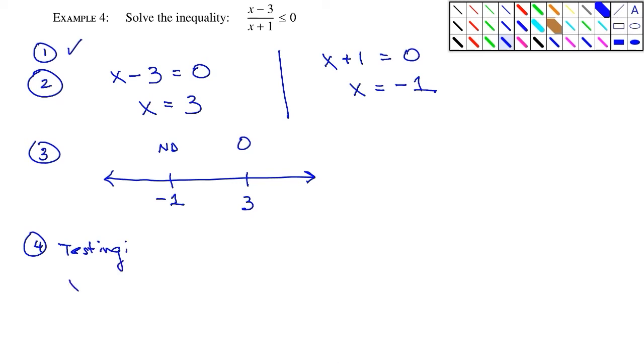So I'm going to start with x equals 0. So this would be 0 minus 3 over 0 plus 1. That's equal to negative 3. And so that's negative. And so where x is equal to 0 is an interval where the function is negative.